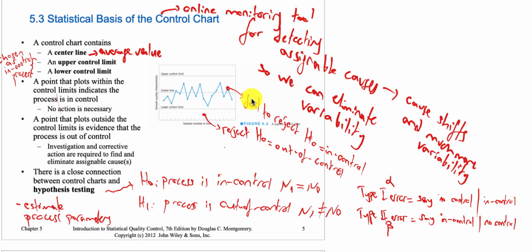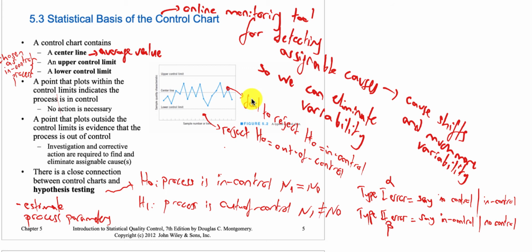These control limits just show us how much deviation from the target value we can have and still be in a statistical control situation. These limits define whether we are in or out of statistical control.